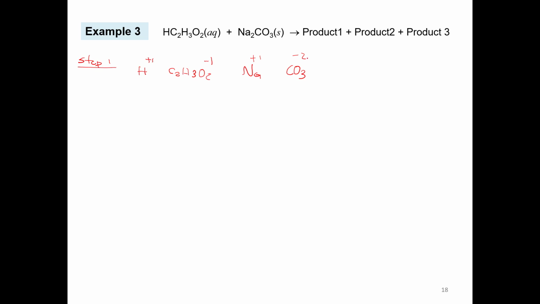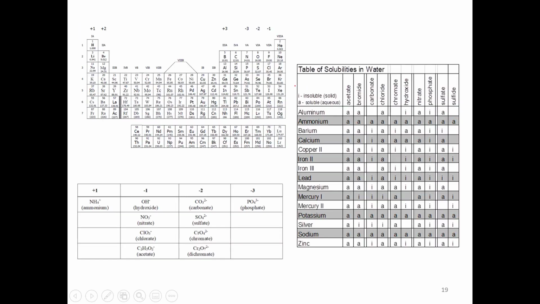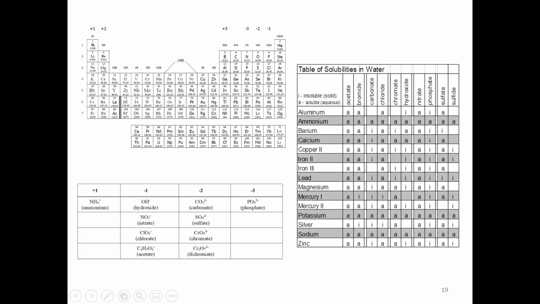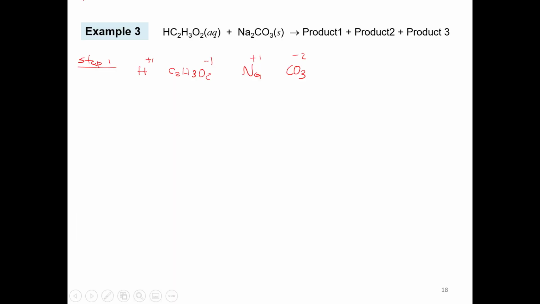Remember, you don't need to memorize the charges, you can always check what is sodium, what is the acetate, what is the other one we had here. We had the hydrogen and we had the carbonate. Hydrogen is +1 and carbonate is -2. Then you will have the equation sheet with you. You don't have to memorize all these charges. What you need to know is how you must combine them. Then they will react, the positive must react with the negative ion, yes, and the negative with the positive.